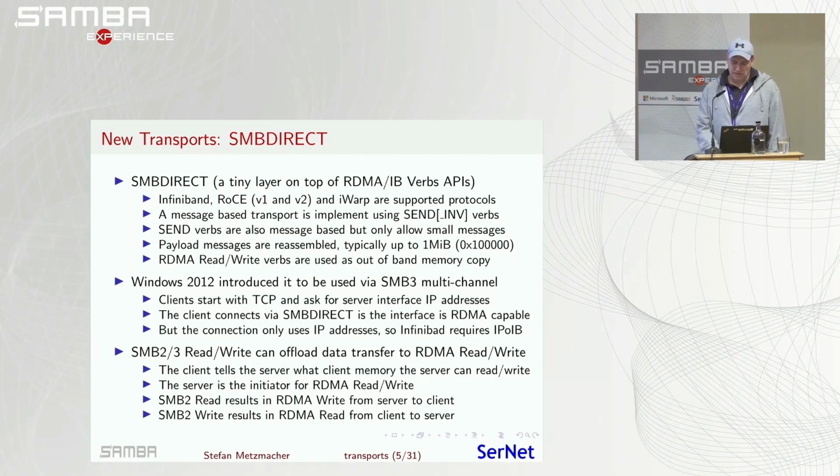And one important confusion is that the SMB2 reads use RDMA write, and the SMB2 writes use RDMA read. So it's sometimes a bit confusing, but that's how it is.